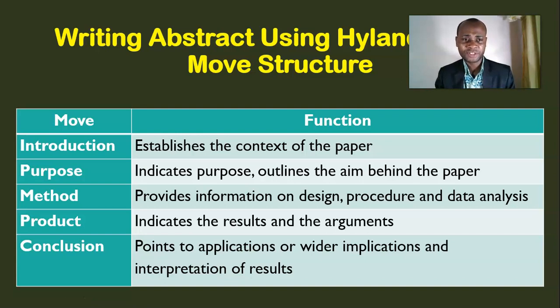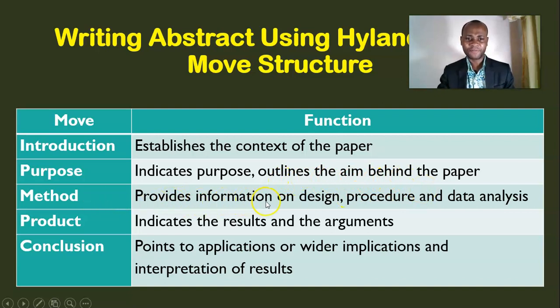The Hyland move structure says that the function of the introduction is to establish the context of the paper. The purpose aspect should indicate the purpose, should outline the aim behind the study.